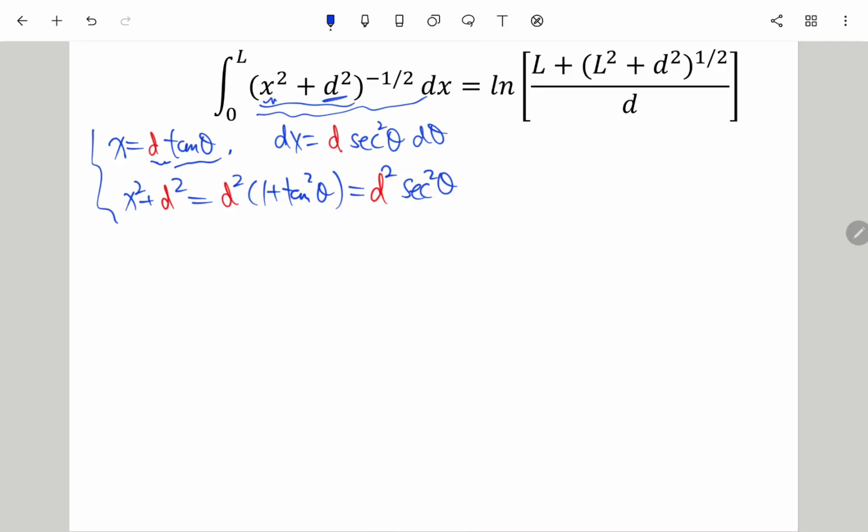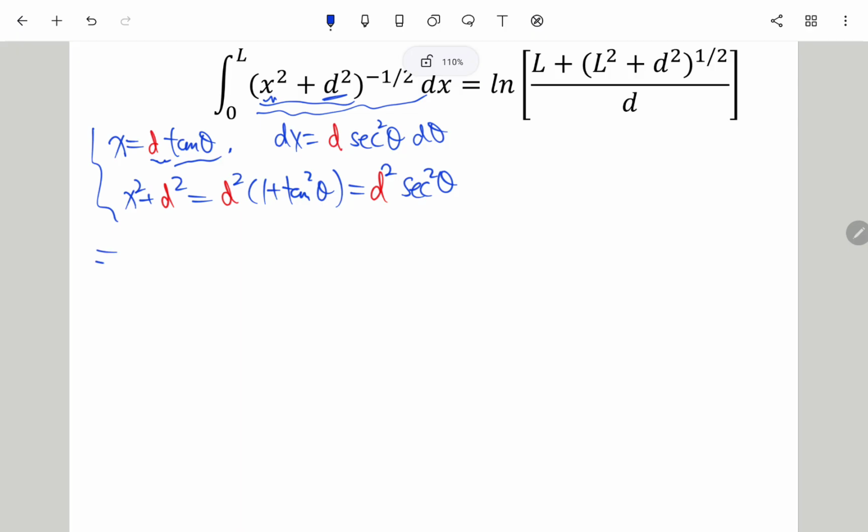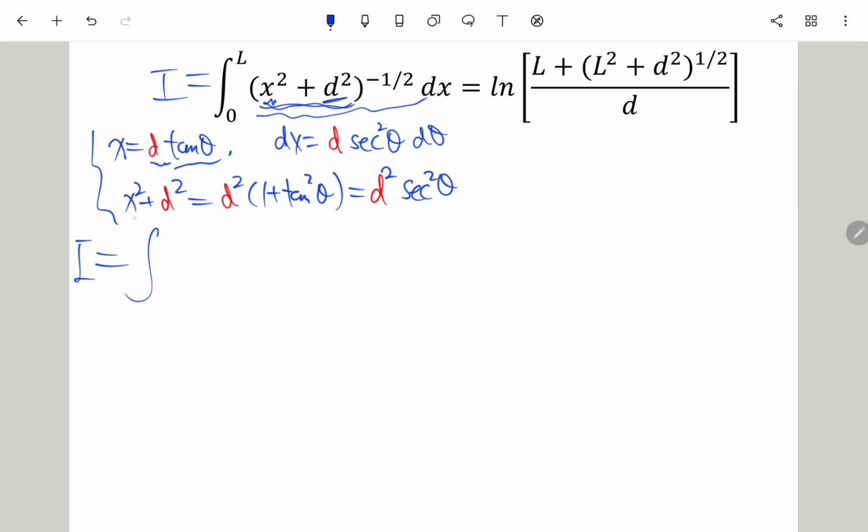So here we try to change the variable. Let's say this is I. So I equals the integration of this one, which becomes d over d secant theta, since we take the square root and put it in the denominator.